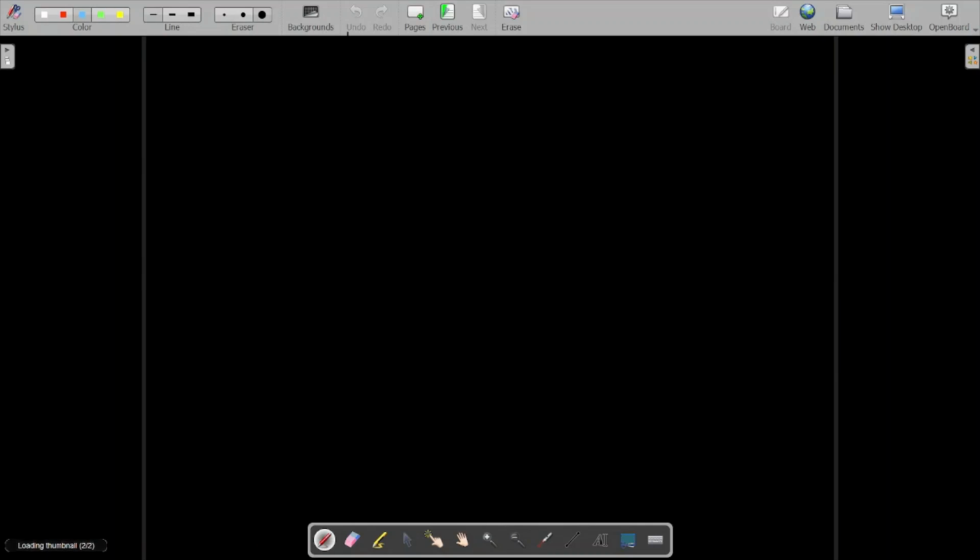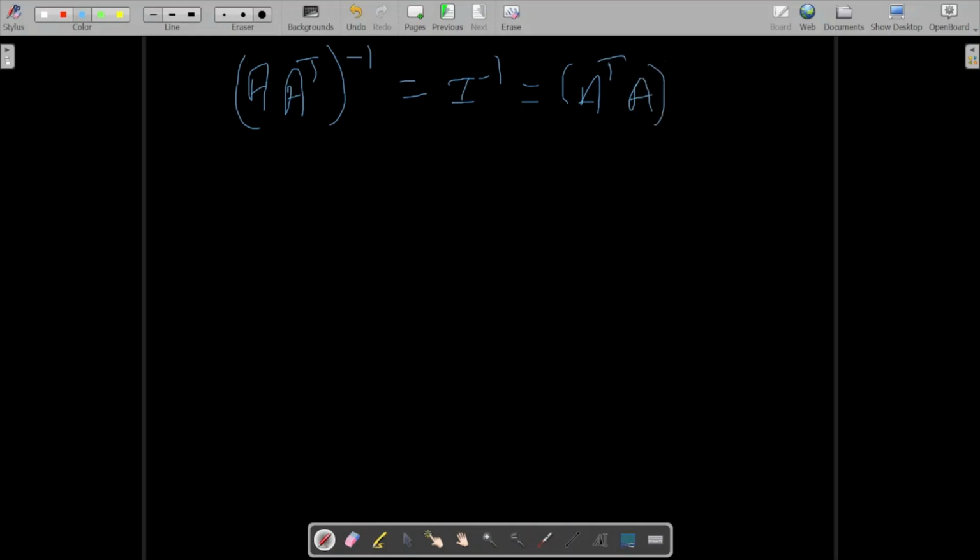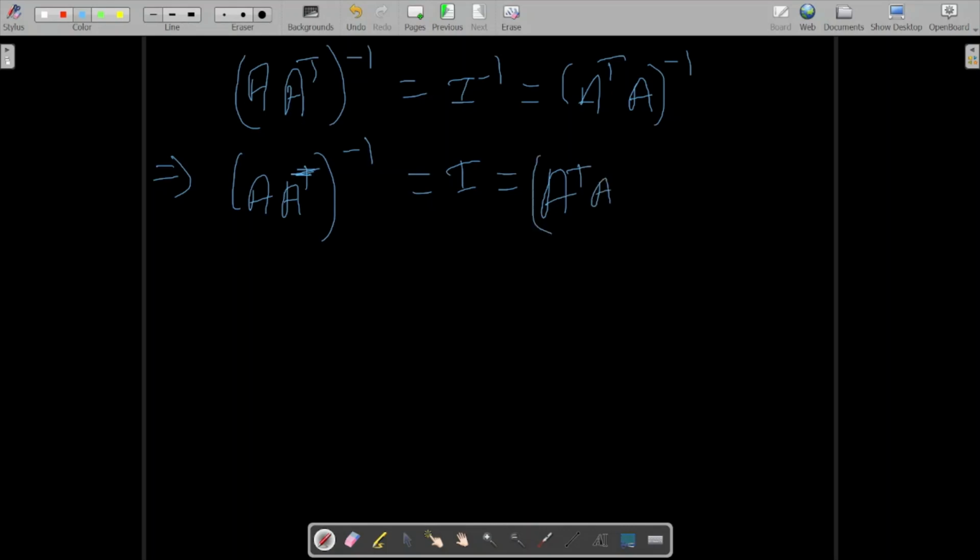After we take the inverses, we get: (A transpose A) inverse is equal to I inverse is equal to (A A transpose) inverse. Now the inverse of an identity element is an identity element itself.